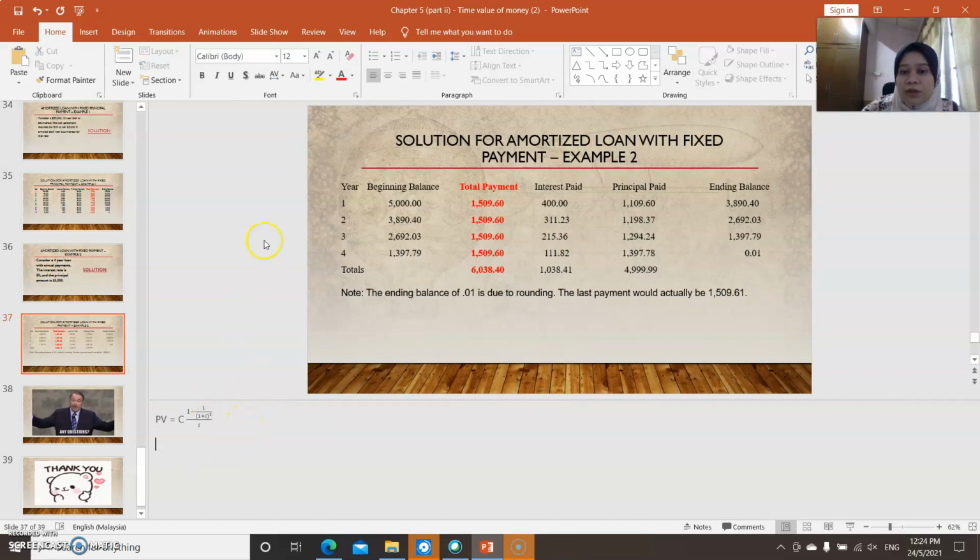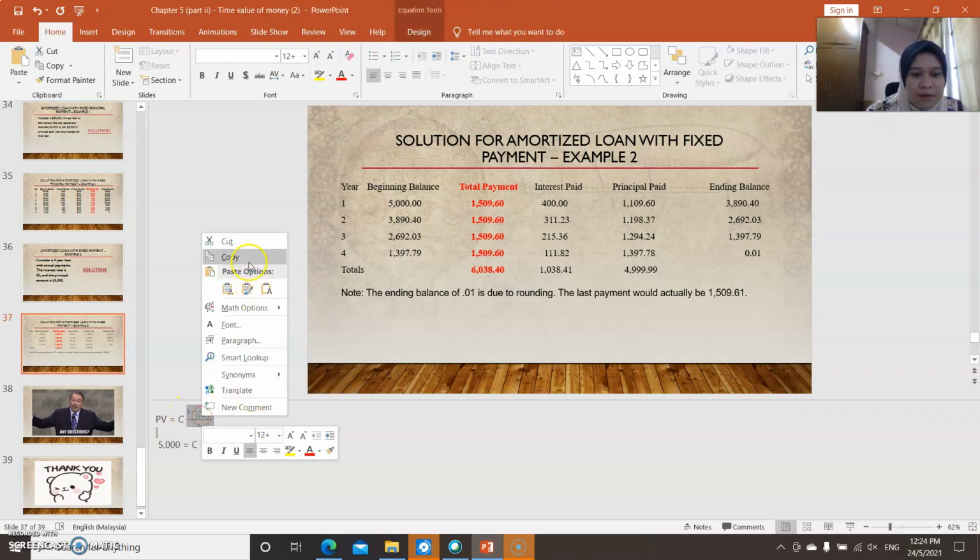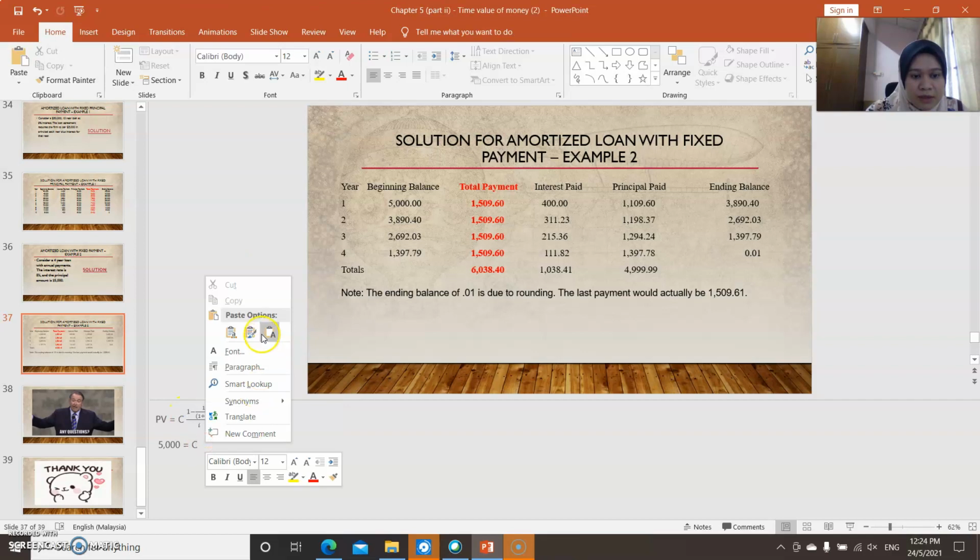You need to find what is the C here, because this will be the annual payment. C is the one that we want to find. The present value, we know it is 5,000. Just copy it here and put it here.